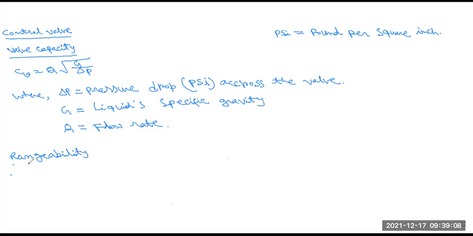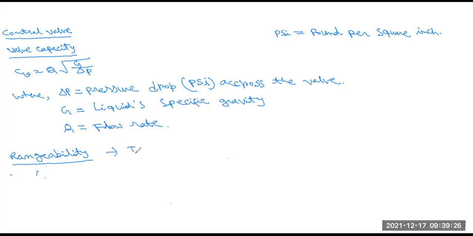Yes, sir. Okay, then this is the rangeability, which we discussed in previous classes. Rangeability is the ratio of the maximum controllable flow to the minimum controllable flow.